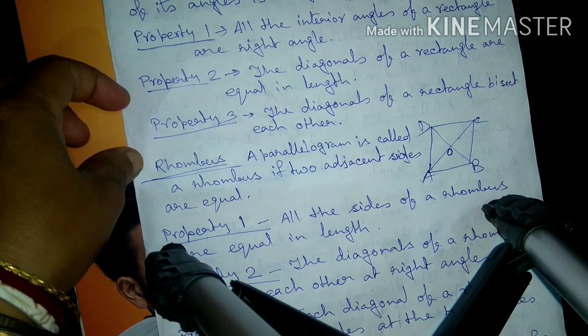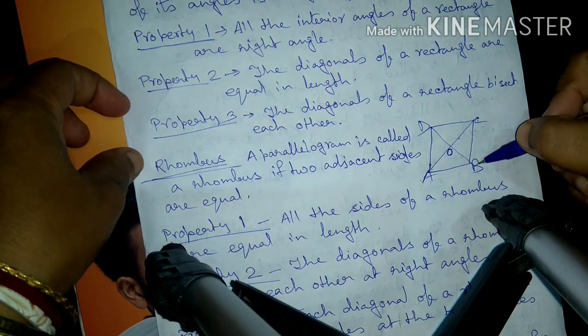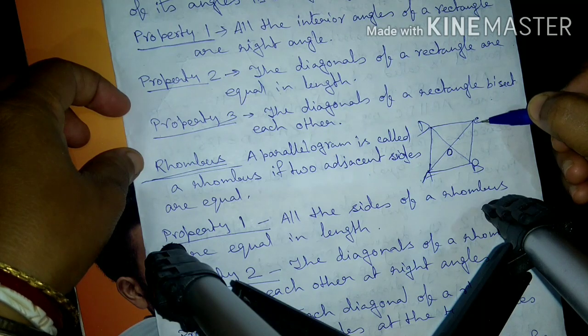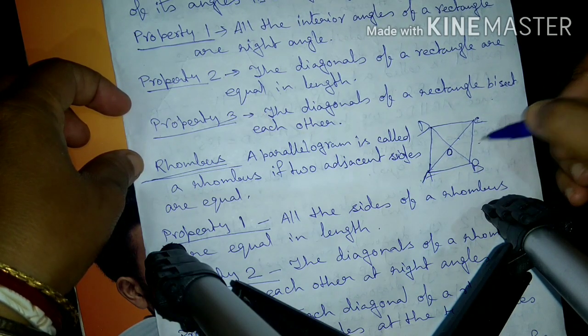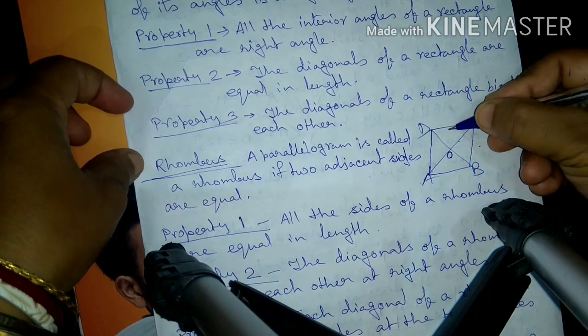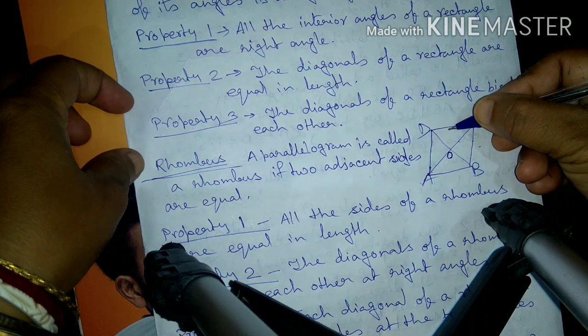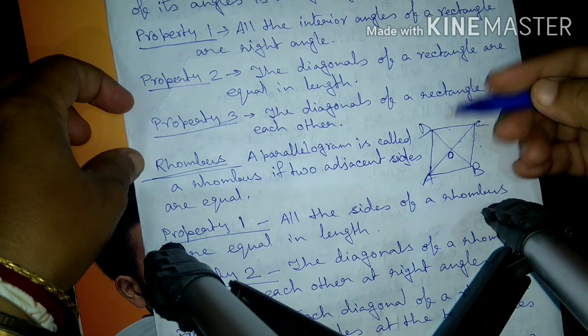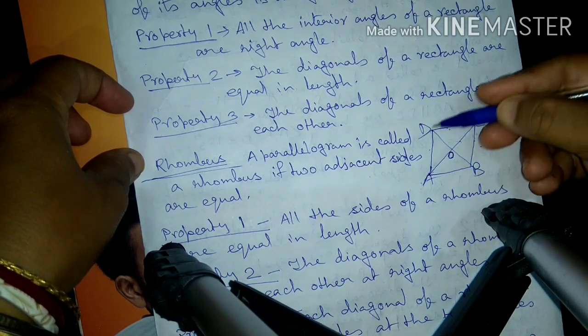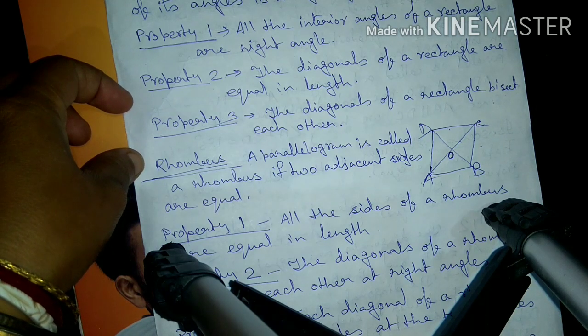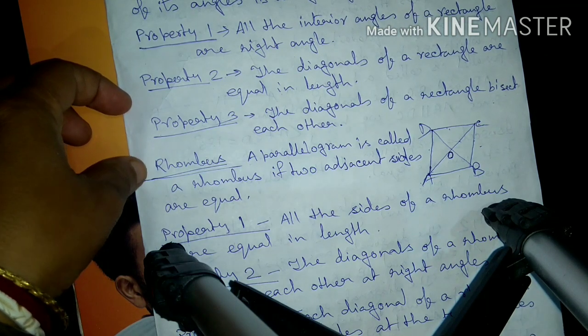Suppose AB is equal to BC. These two are adjacent. Similarly, BC is equal to DC, yes or no? Similarly, DC is equal to DA. That means all the sides are equal in length in a rhombus.